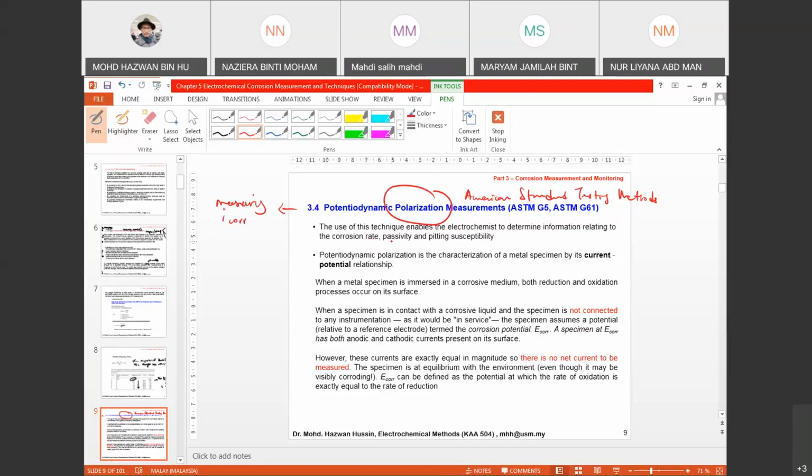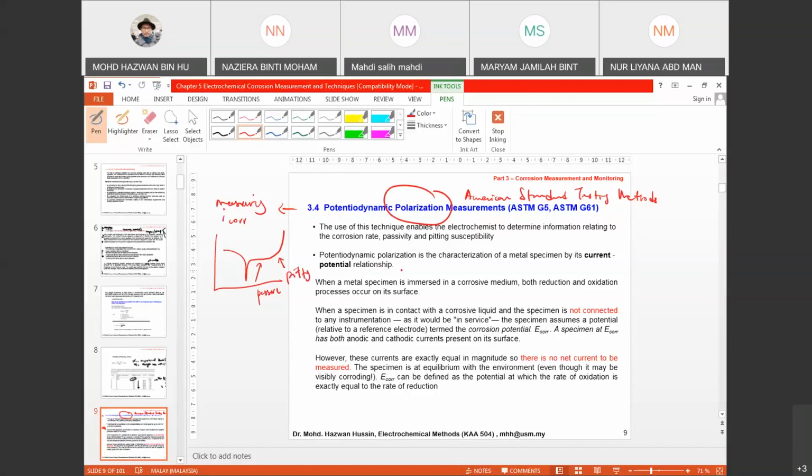Then for passivity, from the Tafel plot you can see whether the metal will experience passivity, like for example this one, and then after that maybe forming a pitting. And then you can see the transpassive region, and this is where pitting occurs.